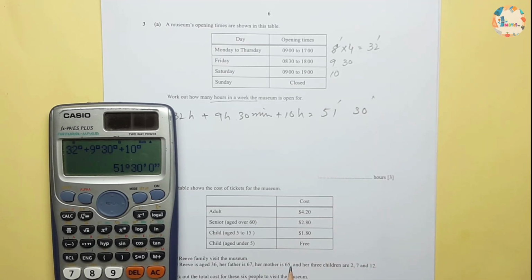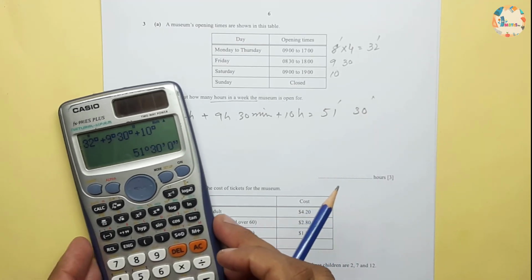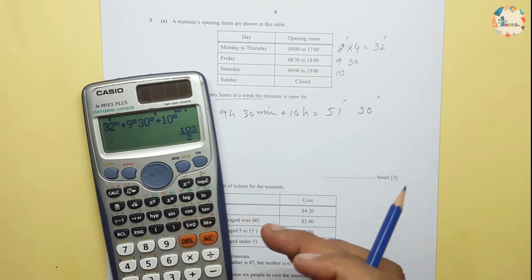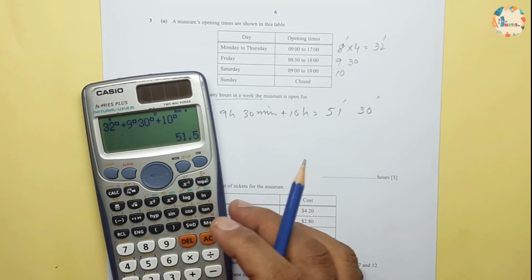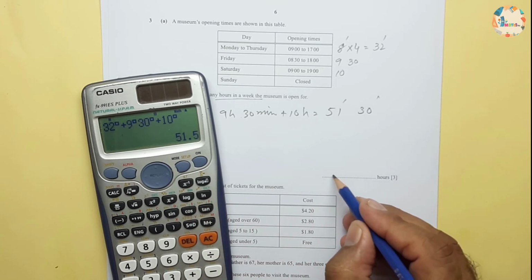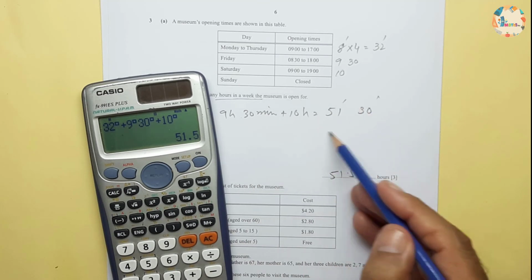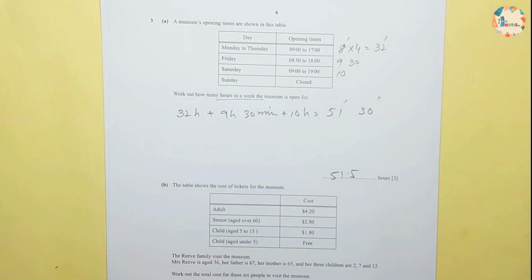We can write this one, or we can just press this button. If we press this button, we will get 51.5 hours. So we can write here 51.5 hours. So this is correct answer, and this is also correct answer.